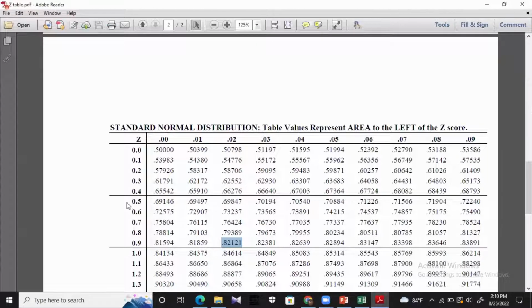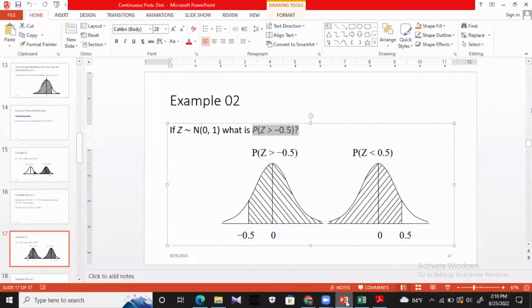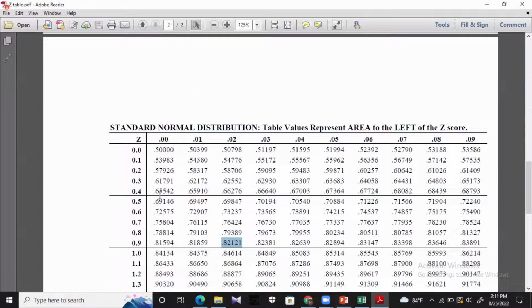Now try to find the probability Z greater than minus 0.5.